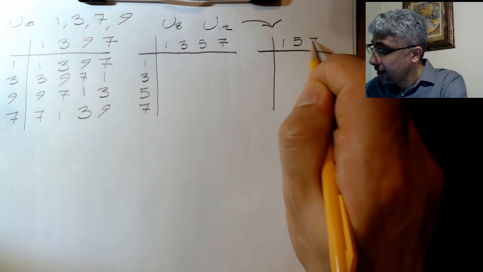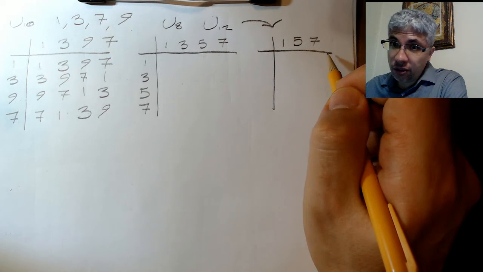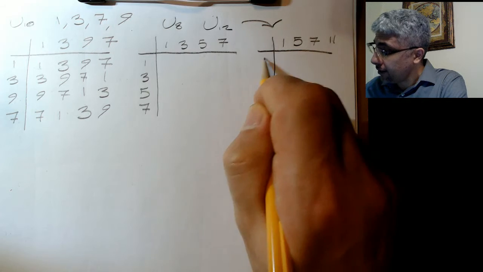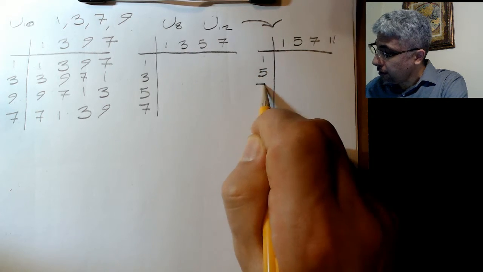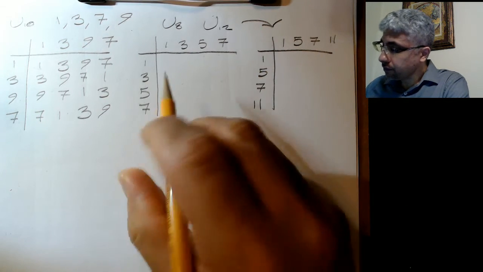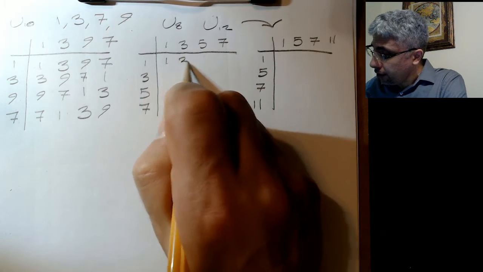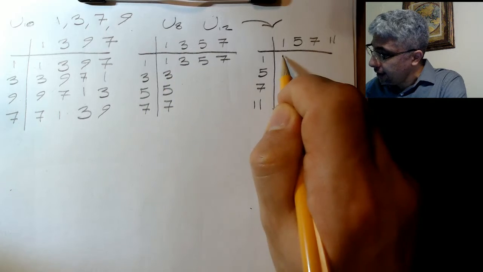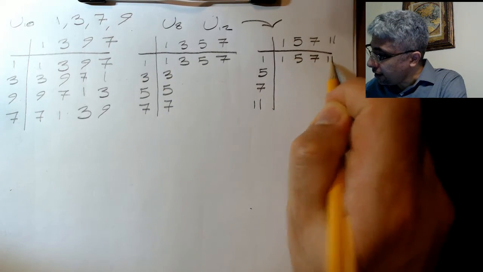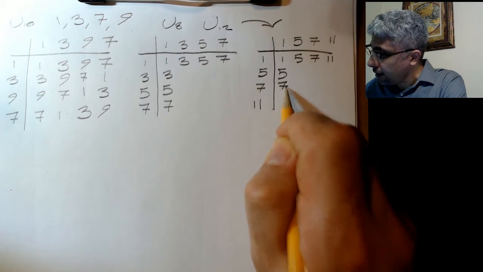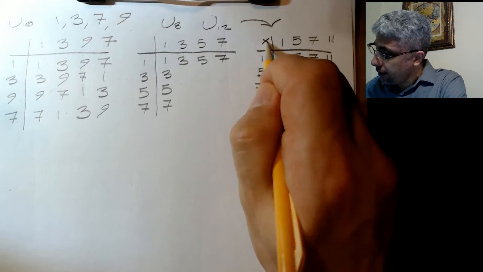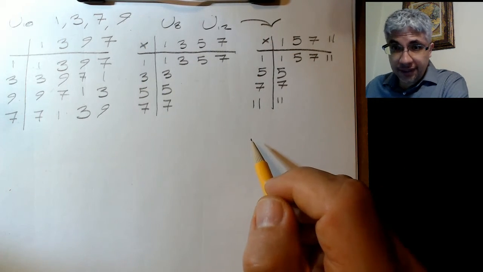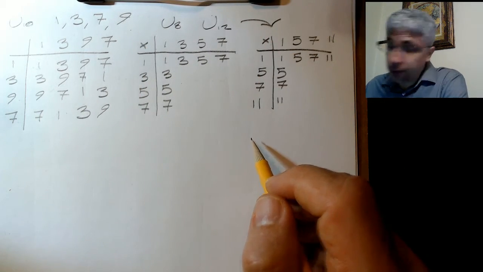I have a 7, no 8, 9, no 10, but I have an 11. Okay, so I can do the identities here and here, because if we multiply by 1, we obviously get everything back.